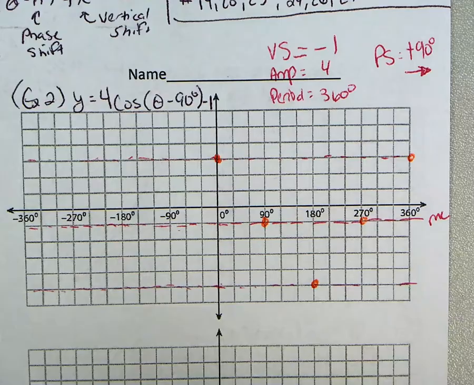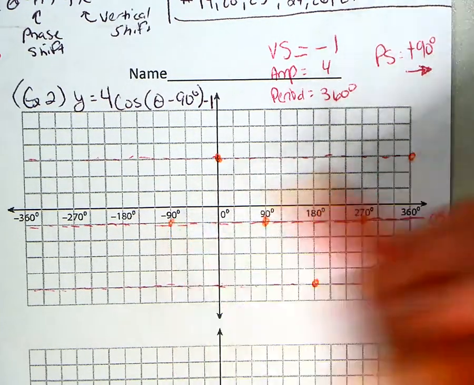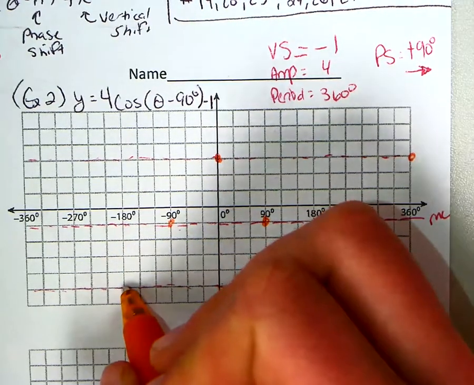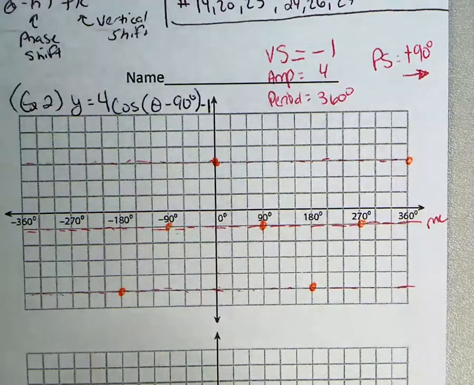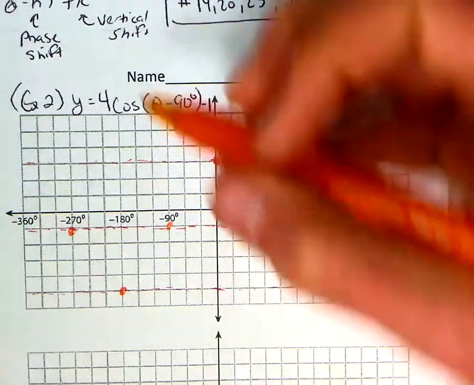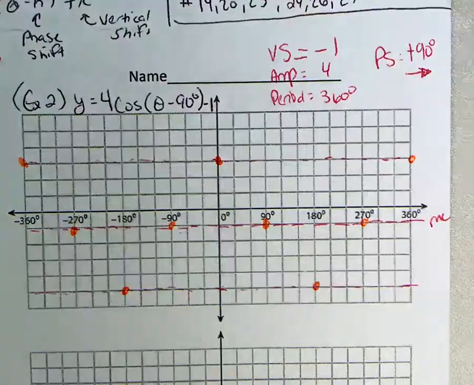We're going to do the same thing now going the other way. So at negative 90, it hits the midline. Negative 180, it's at the minimum value. Negative 270, it's back to the midline. Again, our midline is negative 1. And then at negative 360, it's back to our max line.